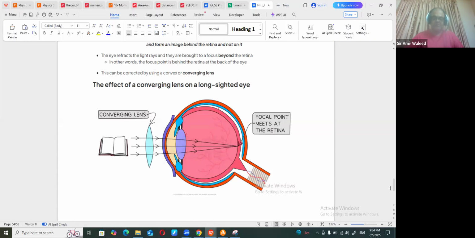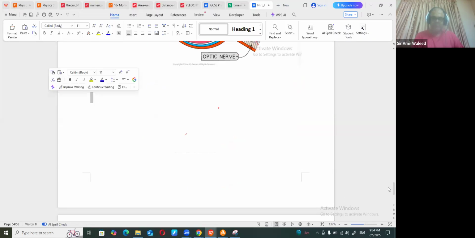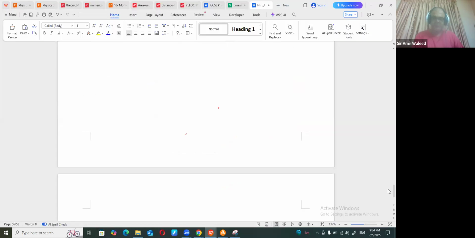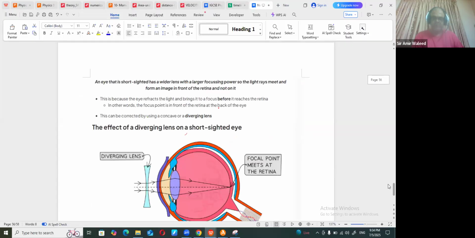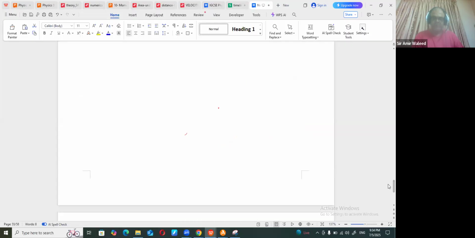Now there is another defect here, and what is that? That one was long-sightedness, in which people are unable to see an object which is very nearby.